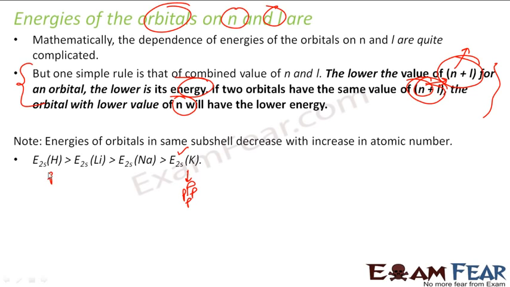It will hold the electron less. Since the electron is held in a weaker way, the electron will have higher energy. Hope you understand this. Since there are more protons, it will hold the electron more tightly, and since the electron is held more tightly, the energy of the electron is less. In this case, there is only one proton, so it holds this electron loosely, and a loosely held electron will have more energy.